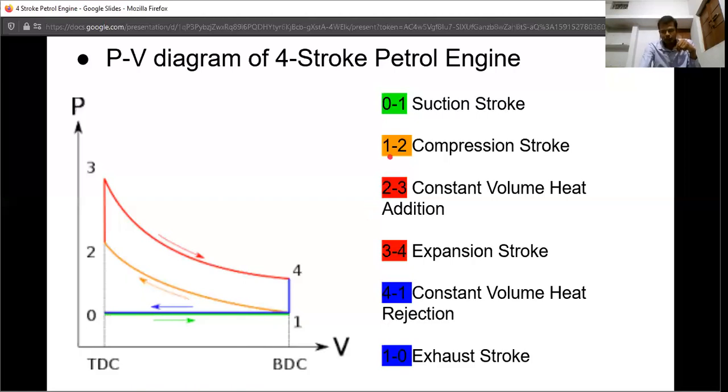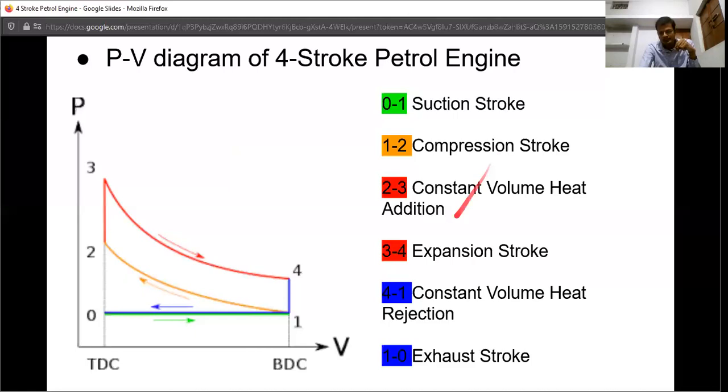Orange line 1 to 2 represents the compression stroke. During this stroke, the piston is drawn up so it can compress the fuel-air mixture that entered the chamber. The compression causes the mixture to increase slightly in pressure.